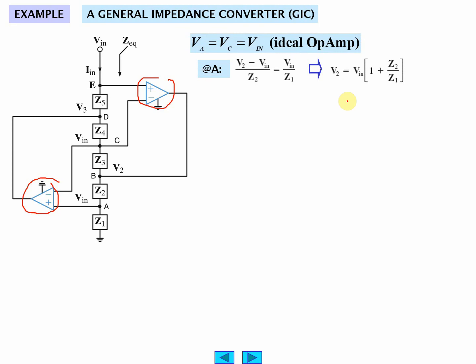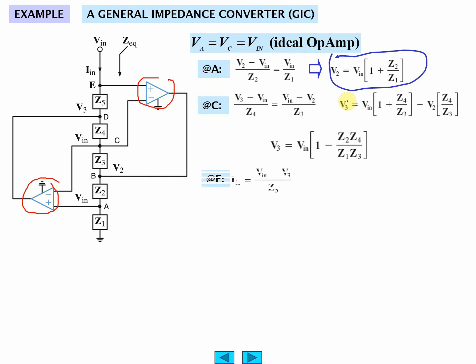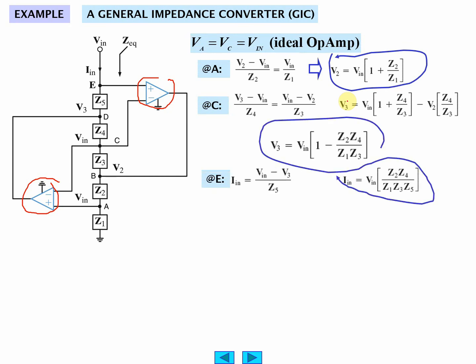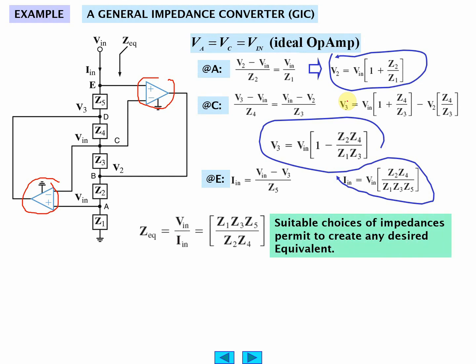What it can do is, by the proper choice of the impedances Z1, you can get any desired equivalent impedance. So the final formula worked out to be this when you went through all the analysis.